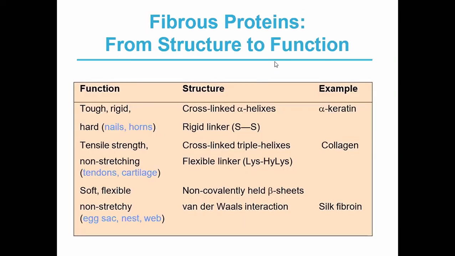Okay, fibrous protein is tough, it's rigid. This cross-linked alpha helix, you have keratin, your nails, horns, collagen on your skin, that's protein. So that's why if you want to maintain your skin, you don't want to get wrinkles, you need to consume a lot of protein with collagen.